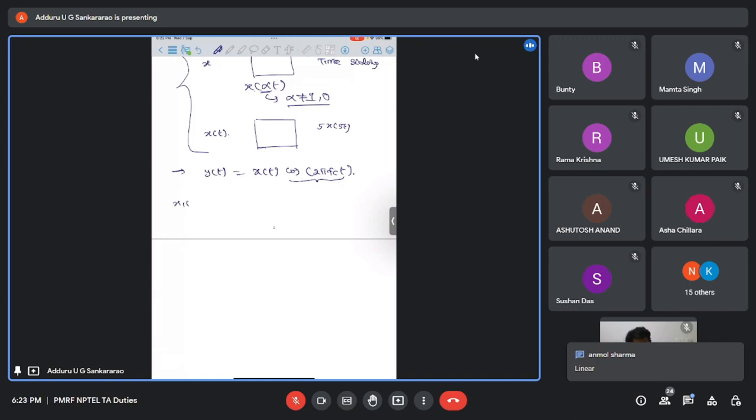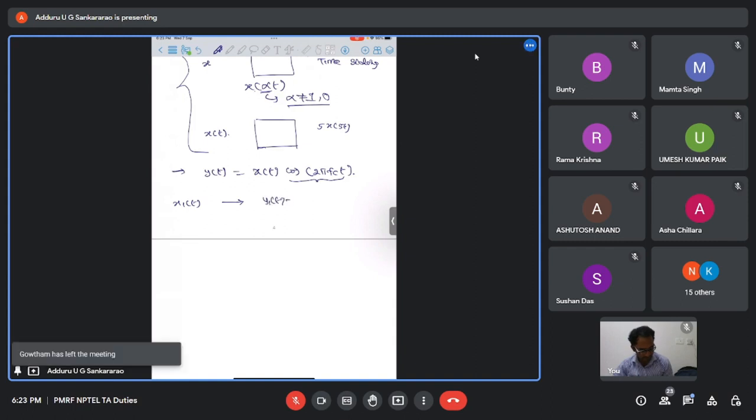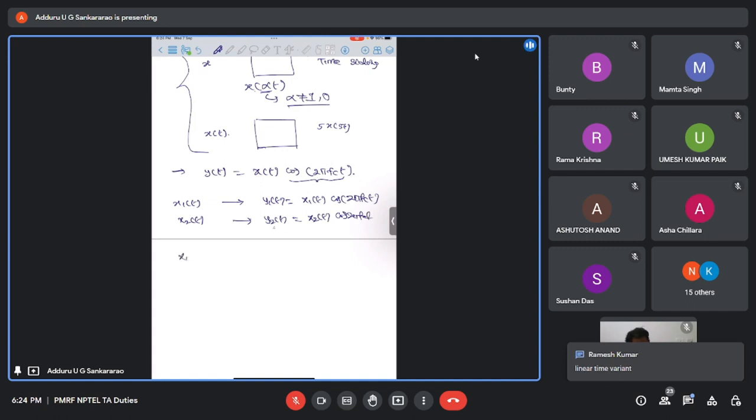Suppose if I'm giving x1 of t as input, then the output is, let us say, y1 of t, x1 of t cos 2 pi fct. And similarly, if I'm giving x2 of t, then y2 of t is x2 of t cos 2 pi fct. Now if I'm giving both together, then it is x1 of t plus x2 of t into cos 2 pi fct.